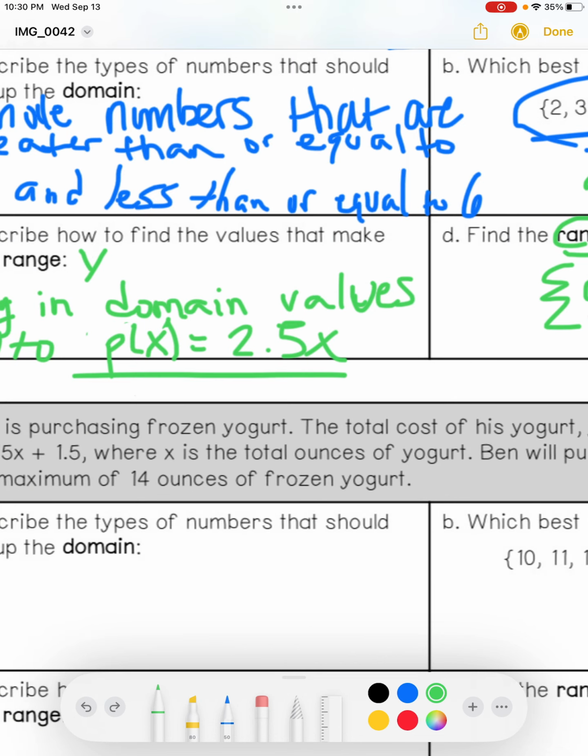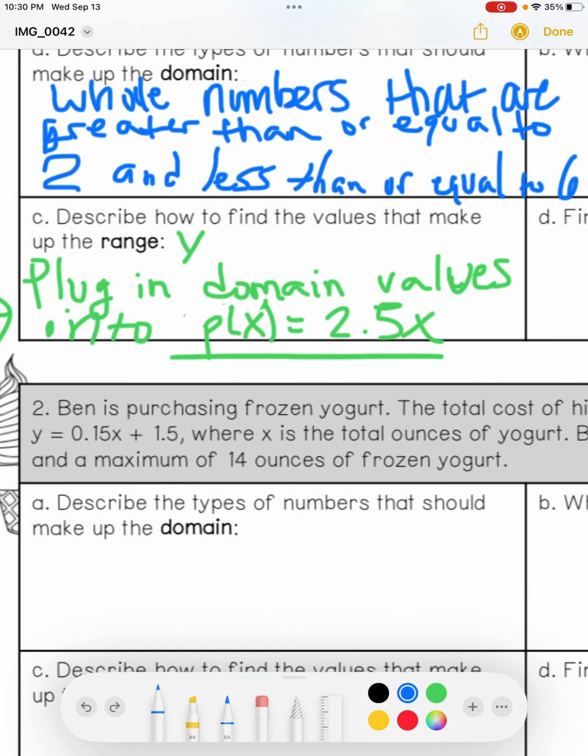Because the first question is asking me about domain. And I say, well, domain is just x values. So we're just going to write a little reminder. X values. Cool. What does x stand for in the problem? Well, it tells me right here, x is the total ounces of yogurt. Okay, ounces. Ounces is a form of weight. And if you remember when we talked about discrete versus continuous, weight is continuous, right?